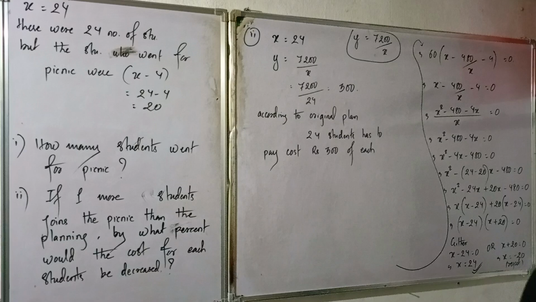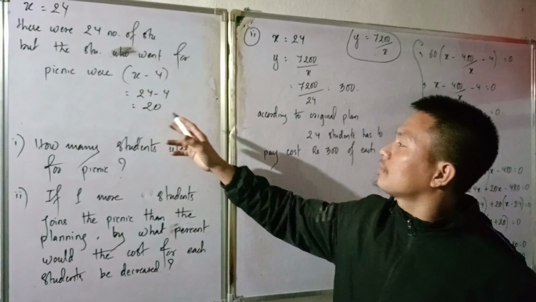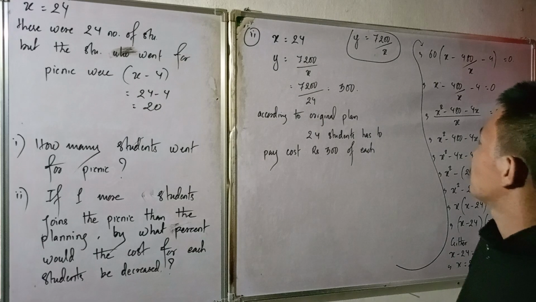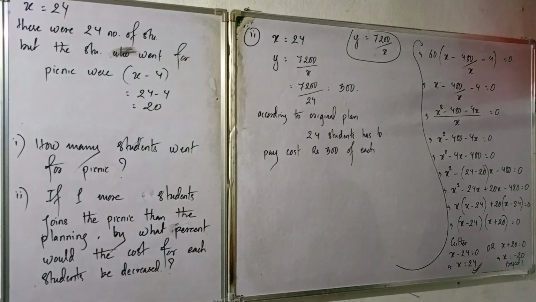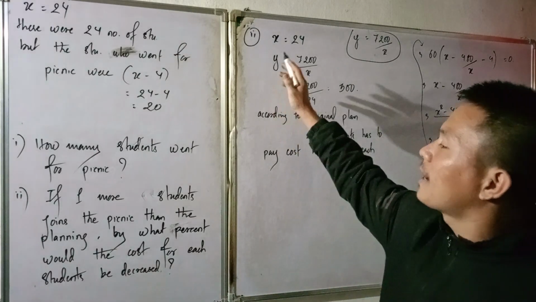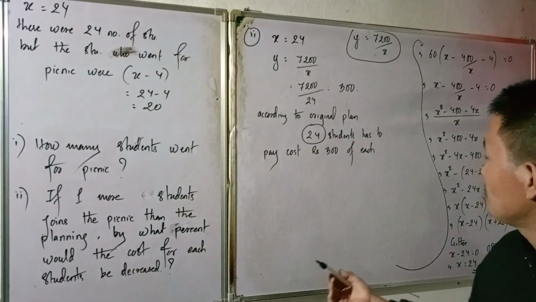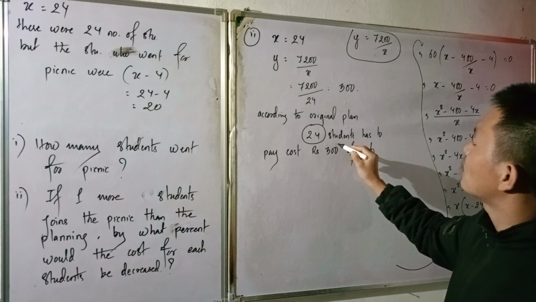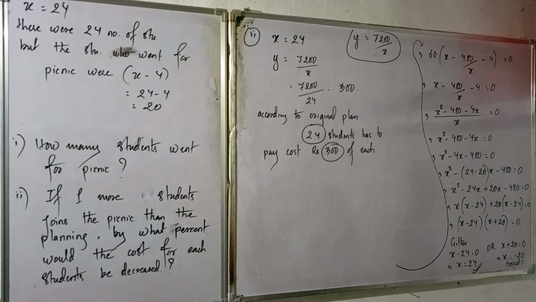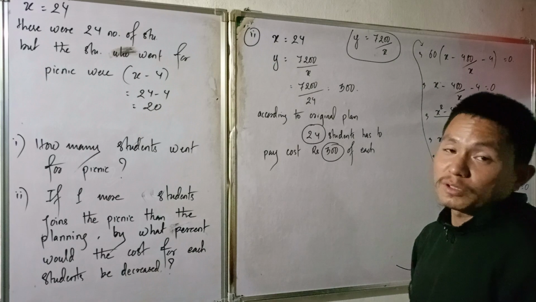This was the initial plan, but 4 students were absent. In that situation, only 20 students, and the cost will increase by 60. So for double I, 24 was the students number, and 24 students have to pay 300 each. From each of them they have to pay 300 for the picnic.